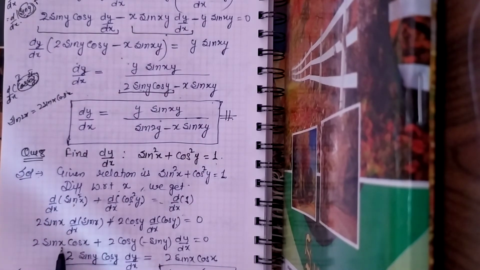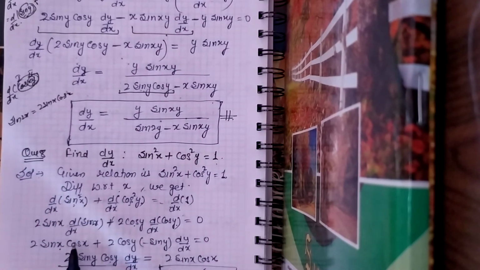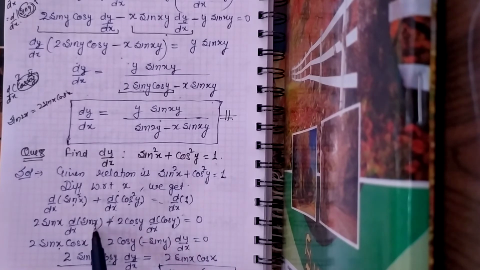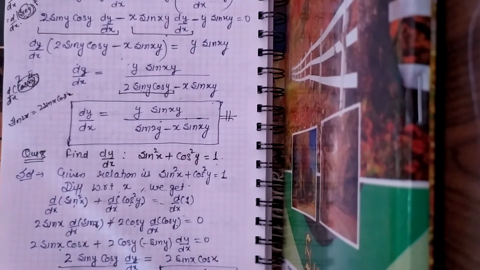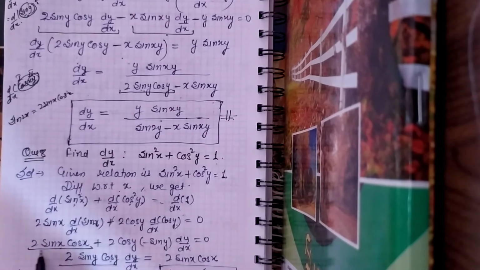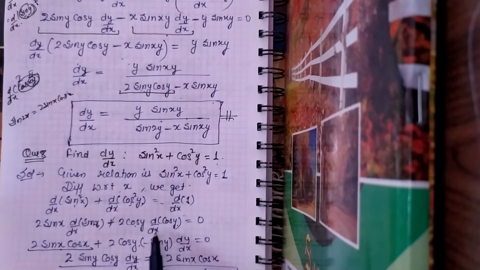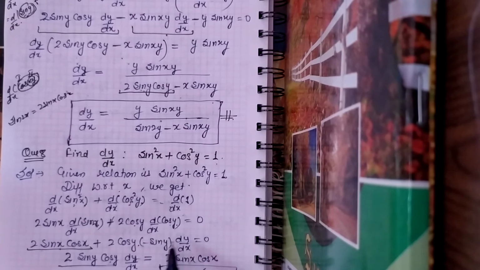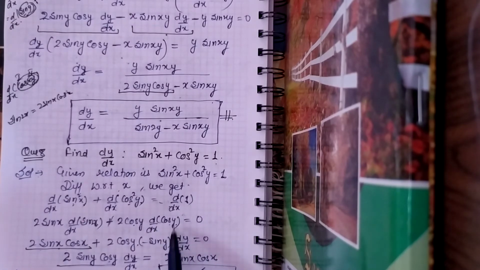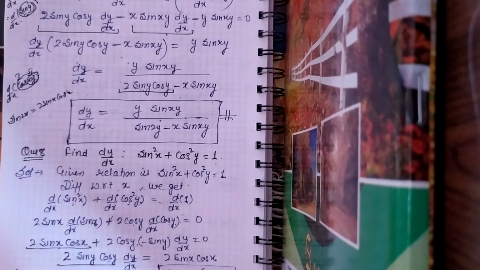So 2 sin x, derivative of sin x is cos x, then the variable is x, so derivative of x is 1, so it changes to 2 sin x cos x plus 2 cos y, derivative of cos y is minus sin y, and the variable is y, so dy by dx, is equal to 0.